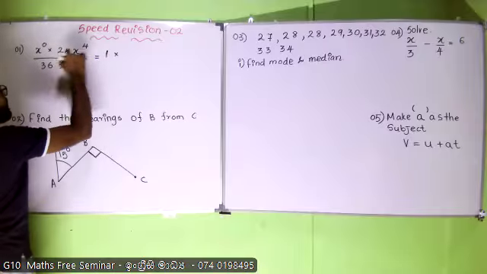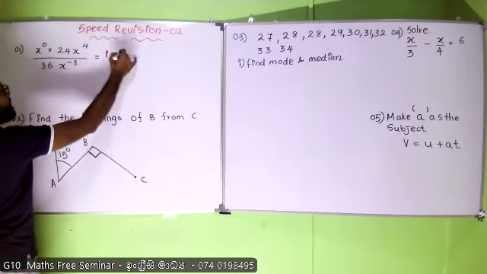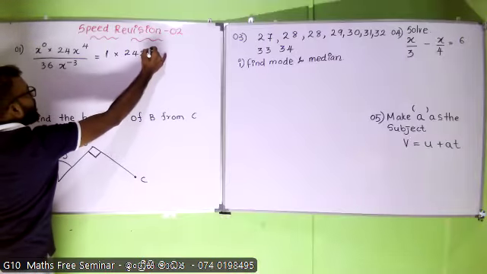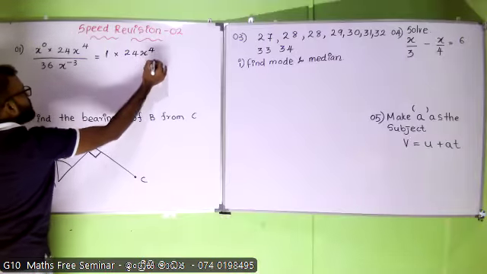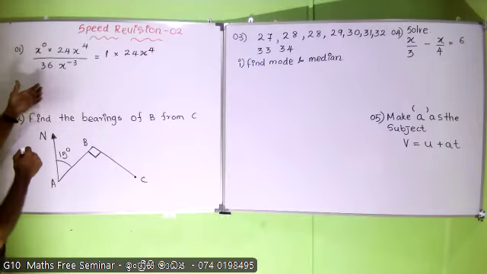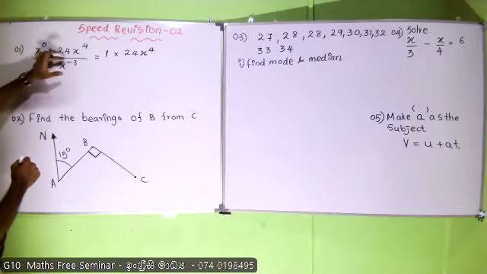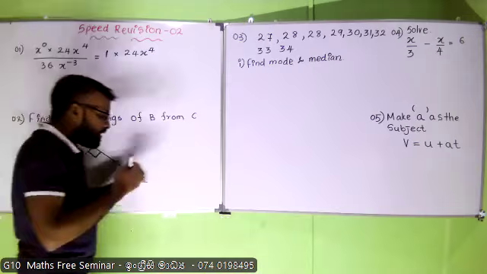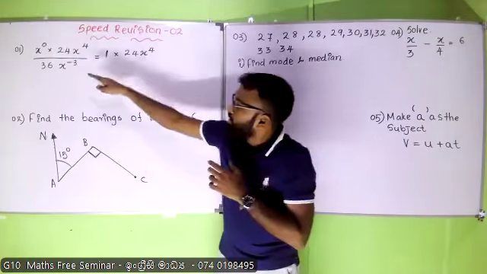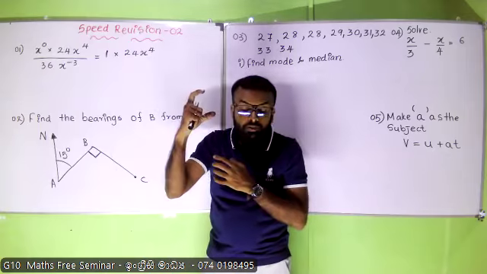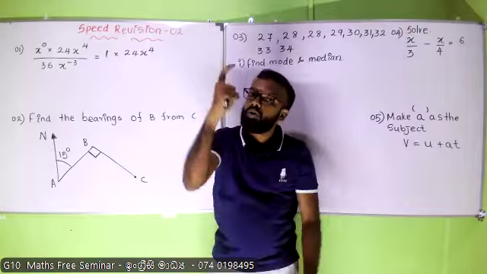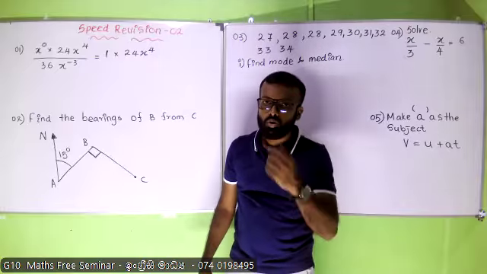Multiplied by 24 x to the power 4. And the next thing that you can do is, here you have a negative power, x to the power minus 3. If you want to convert this minus power into a positive power, what are you going to do?